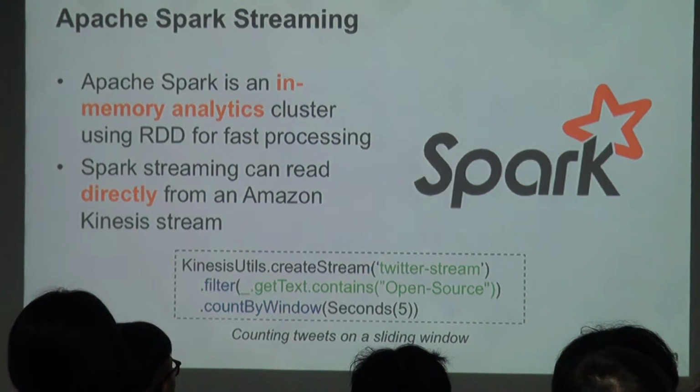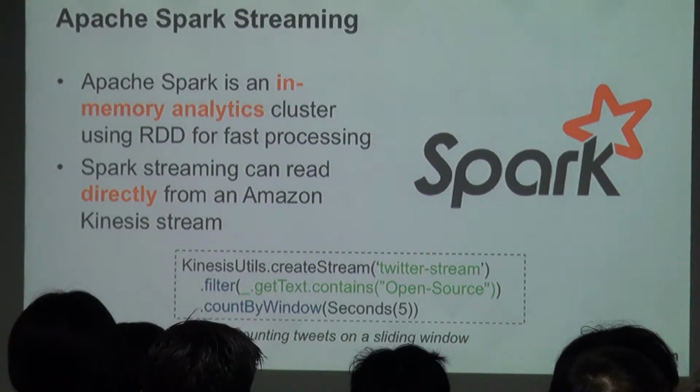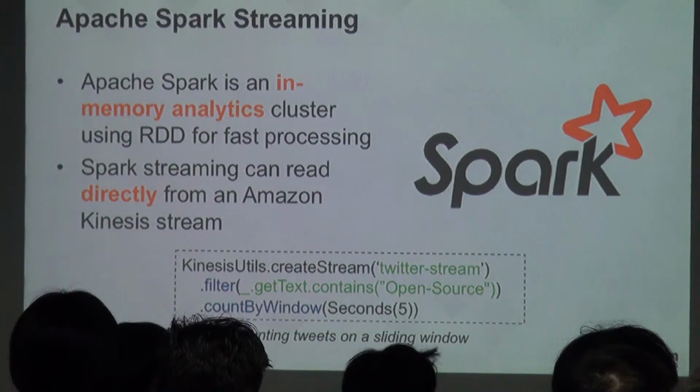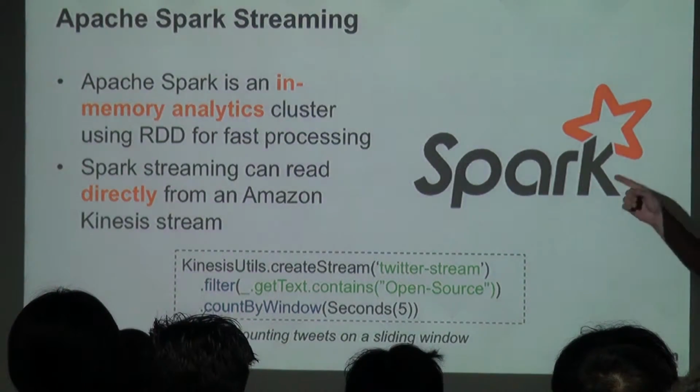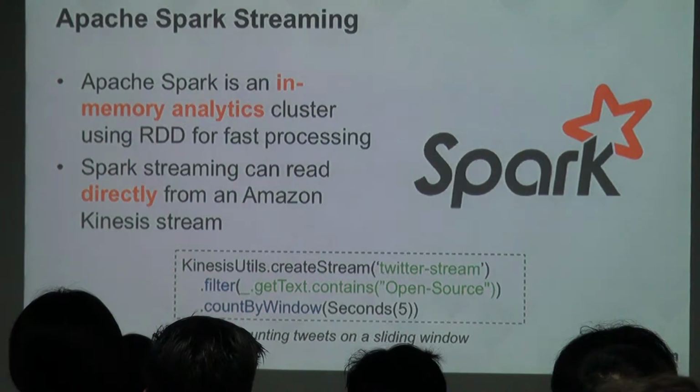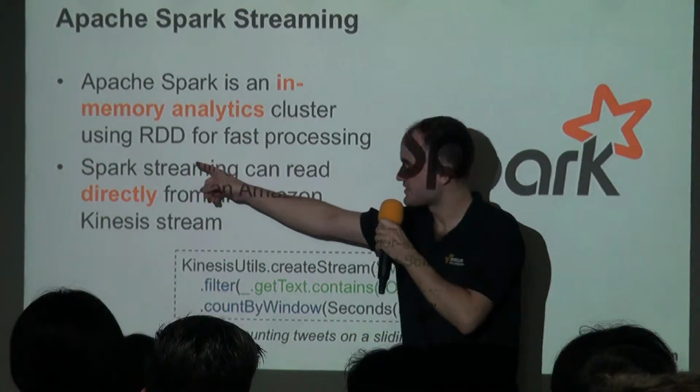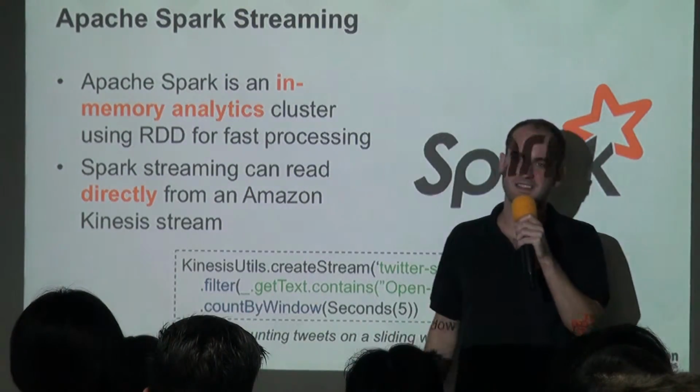So one team from UC Berkeley wrote a paper around how you could build something just like Hadoop, but do it in memory. And the result of that was then Spark, which is basically an in-memory analytics cluster. How does it do that? It leverages on something called RDD, which stands for Resilient Distributed Datasets.